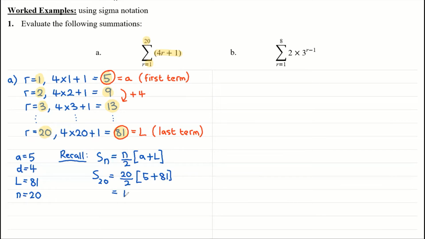So in other words, this is going to be 10 multiplied by 86, which is, of course, 860. You can check this on a spreadsheet if you like, you can do this on Excel pretty easily. But I think that will do nicely.